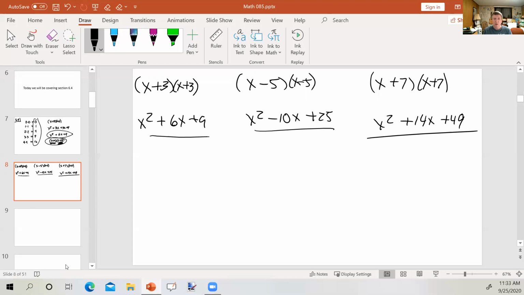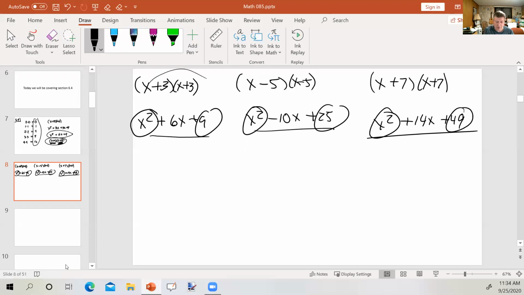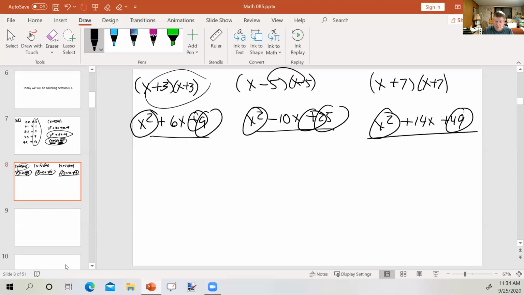Okay, now I want to look at a pattern. Notice that each one of these perfect square trinomials starts with a square and it ends with a square. All right? Now, positive times positive gives you a positive. Negative times negative gives you a positive. Positive times positive gives you a positive.